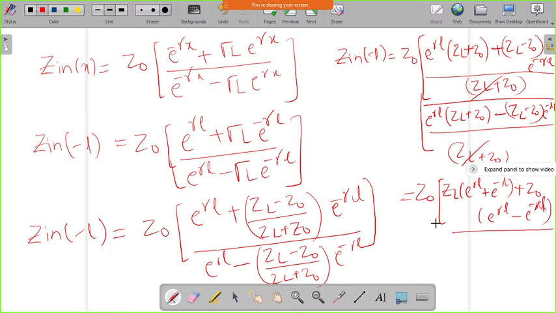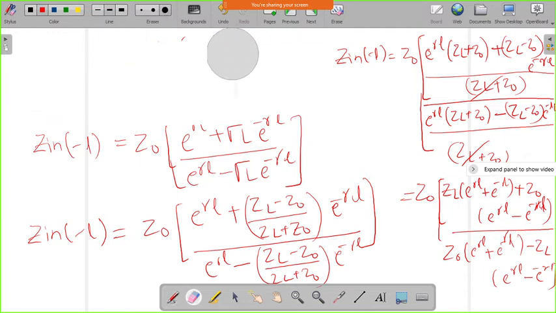Okay, in the denominator also we can do the same. So ZL into e power gamma L plus e power minus gamma L, minus Z0 common, into e power gamma L minus e power minus gamma L. Now e power gamma L plus e power minus gamma L can be taken as a common factor and it goes to the denominator.